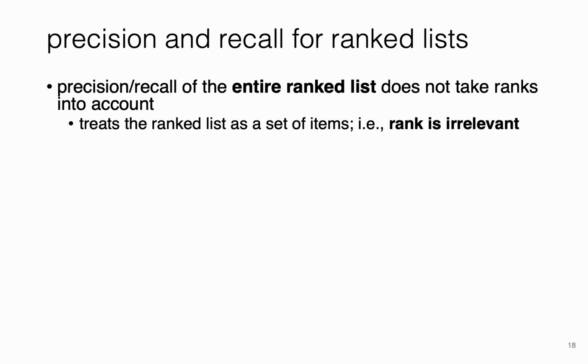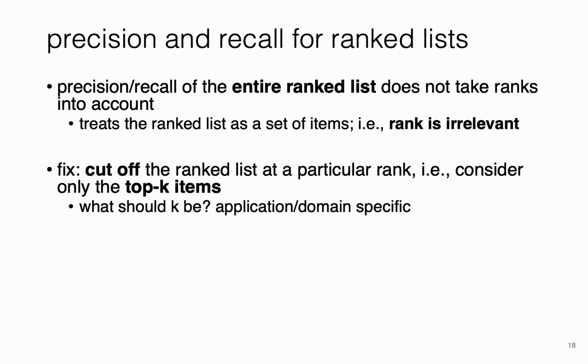So we can make a small change. We consider only a few of the top ranking recommendations. We take the first K recommendations and essentially cut off the list at position K. The actual value of K is application or domain specific. Sometimes we may care only for the top 1 recommendation, sometimes for the top 3 or the top 10.